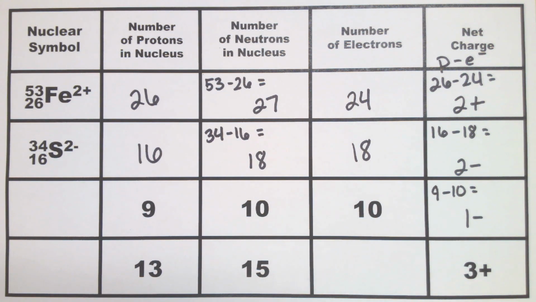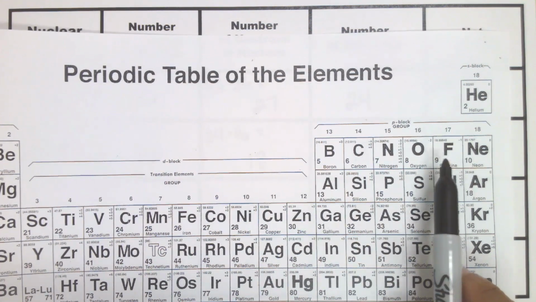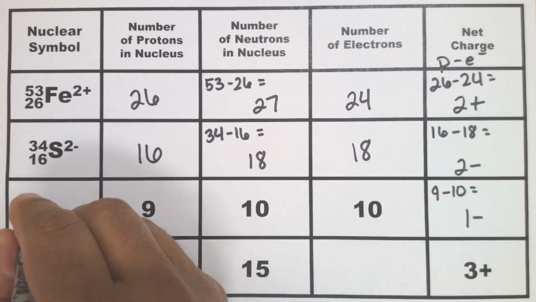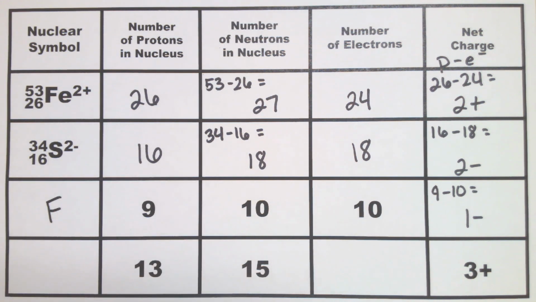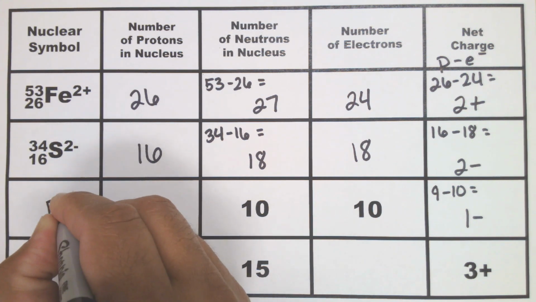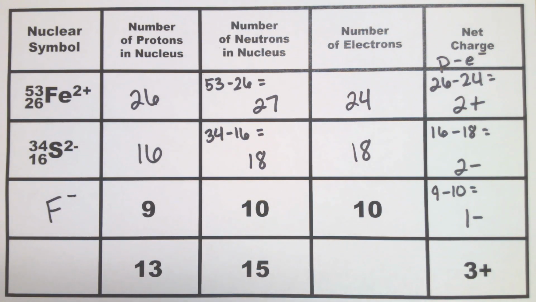For our nuclear symbol, the number of protons is the atomic number, so we'll look for 9. So 9 is fluorine. Now be careful here. F is fluorine, however, this does have a net charge. We'll write a negative sign. You don't have to write the number 1. Whenever there's a negative 1 or plus 1, you can just write the symbol.